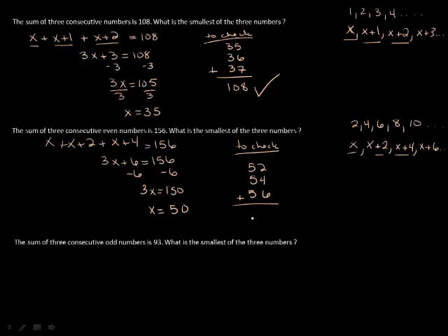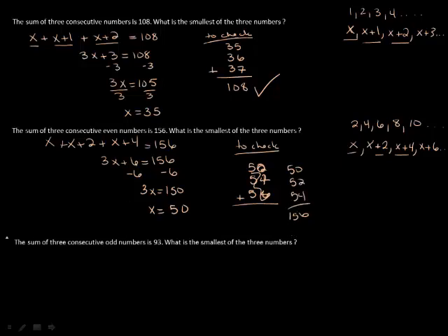Oh, no. I did do that right. I wrote down the wrong number. I wrote 52 instead of 50. So this should be 50, 52, and 54. And that makes all the difference in the world.